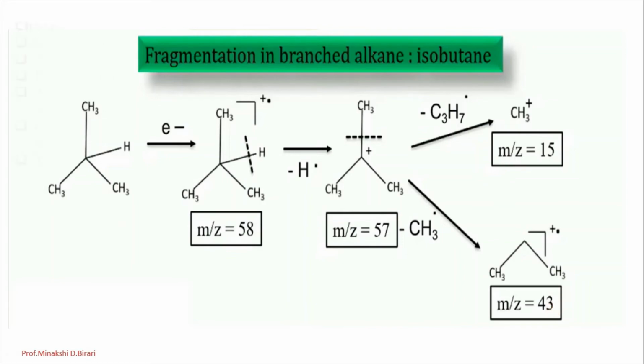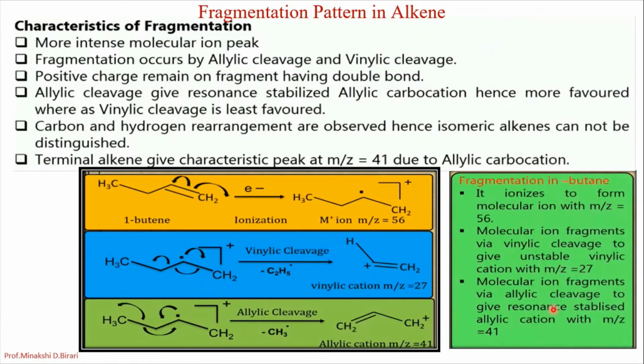Now the next one, that is the fragmentation pattern in alkenes. So let us see first of all the characteristics of fragmentation in alkenes. First important thing, in the case of alkenes, the fragmentation occurs and a more intense molecular ion peak is observed as compared to alkanes.